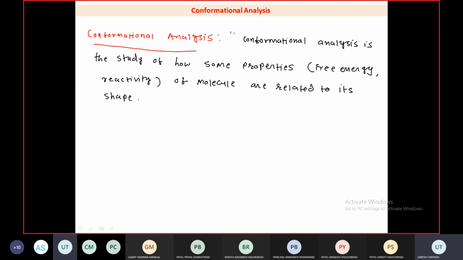So that is what we call conformational analysis. Conformational analysis is nothing but how some properties are related to their shape.